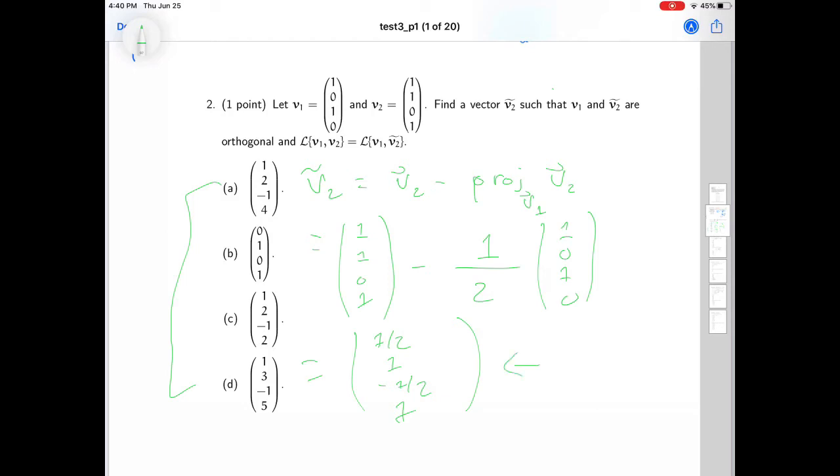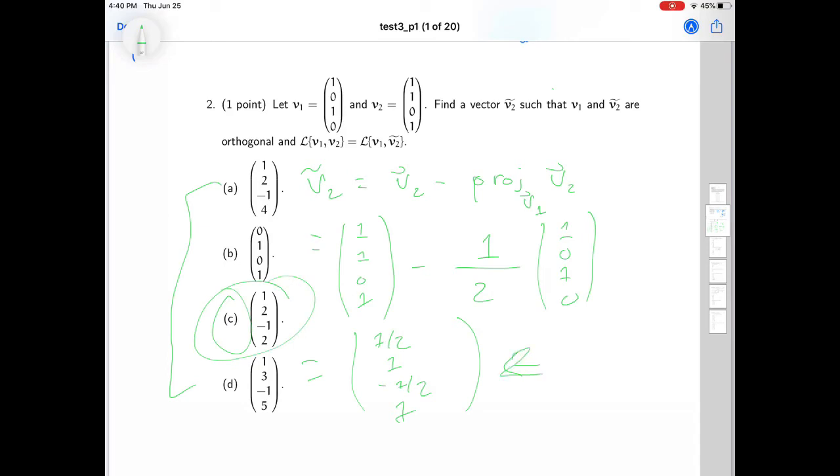However, notice that answer choice C is 2 times this vector. So C is the right answer choice. Why is that? Well, you can just verify by computation that it is orthogonal to v1. The dot product of v1 and the vector in answer choice C is 1 minus 1, which is 0, so it's orthogonal. Why are the linear spans of v1 and v2 and v1 and this vector the same?